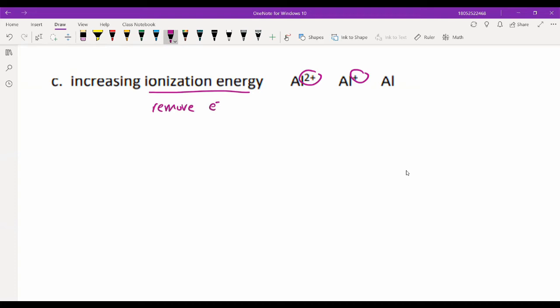So the smallest or lowest ionization energy, the one that would be easiest to remove an electron from, would be the one that's just neutral. And then aluminum plus would be a little bit harder. Aluminum 2 plus would be the hardest to remove the electron from because you've already removed 2 electrons. So as you become more positive, your IE will always increase.